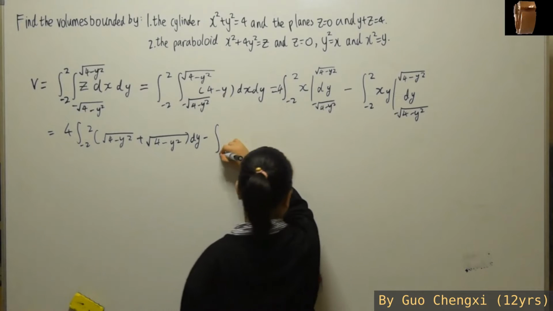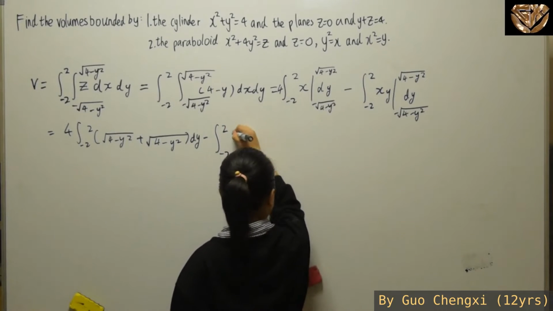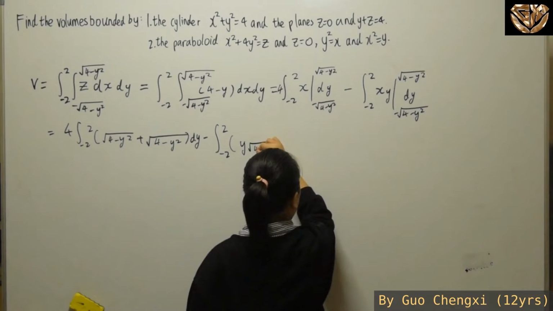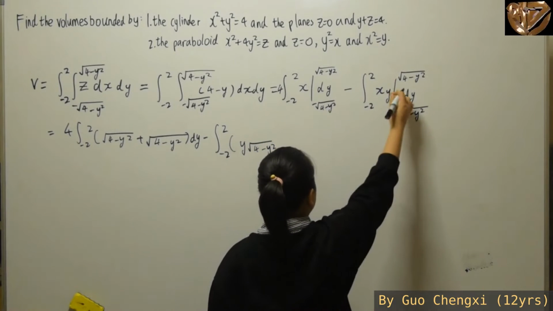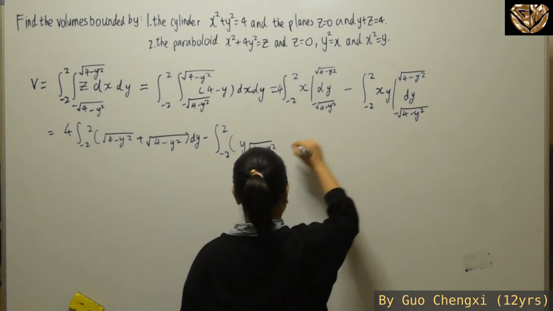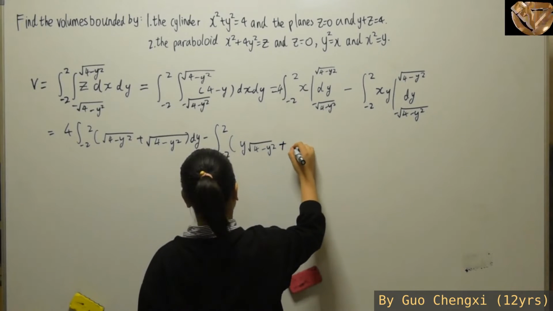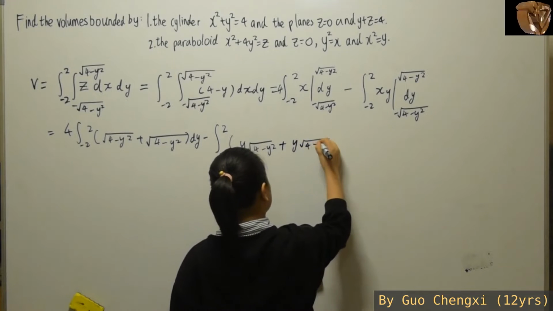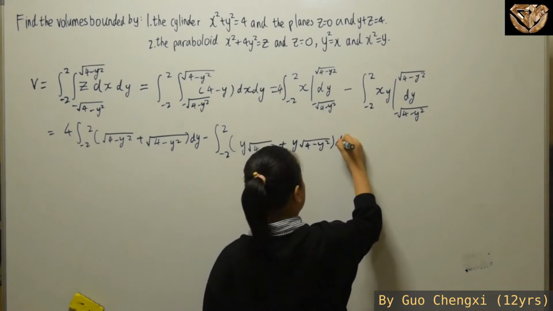So now that we have gotten this part, we are also going to have this part, which is y square root 4 minus y squared, minus for the boundaries, and the negative over here cancels out and becomes a plus, y square root 4 minus y squared dy.